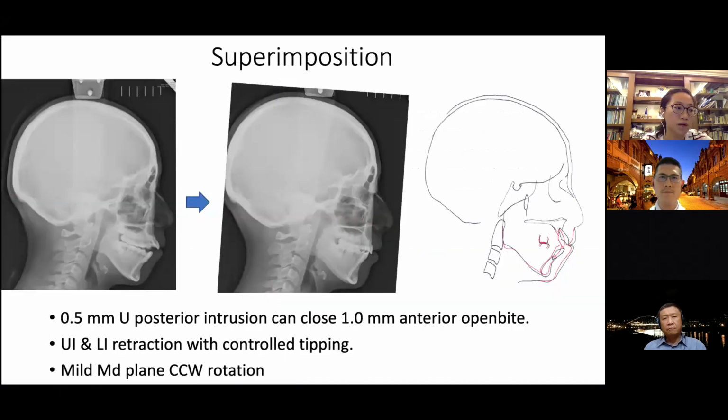From this superimposition, we see the severe anterior open bite was successfully treated by 0.5 millimeters of upper posterior intrusion, upper and lower incisor retraction and uprighting with controlled tipping, and mild counterclockwise rotation of the mandibular plane. However, she still has some weakness due to no skeletal correction.